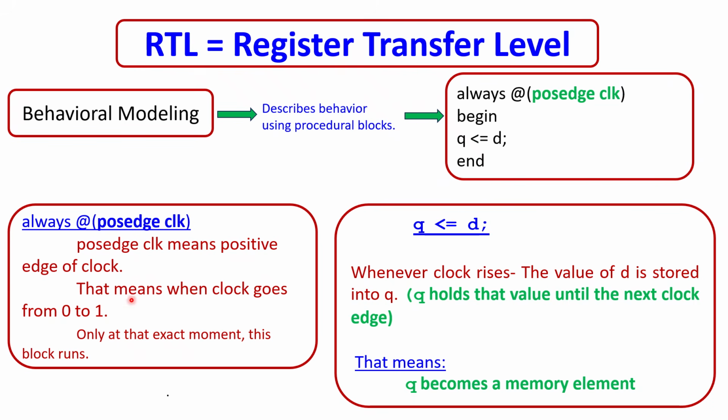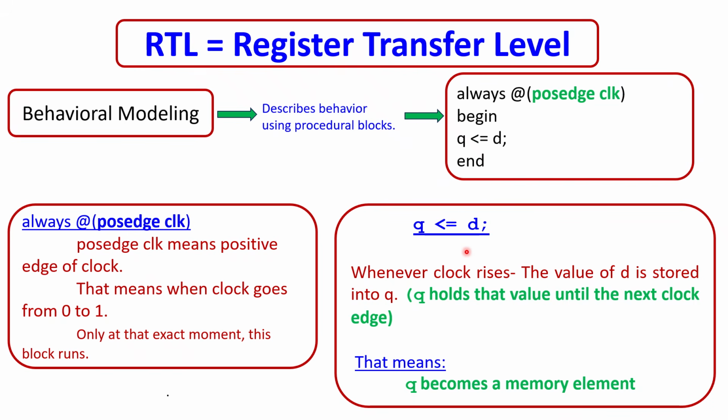That means when clock goes from 0 to 1, at that time the block starts running. So the meaning of this is when clock moves from 0 to 1, the block runs. And Q <= D.